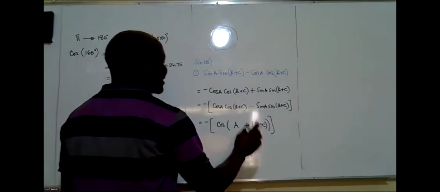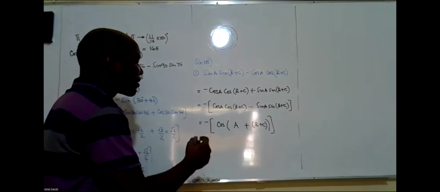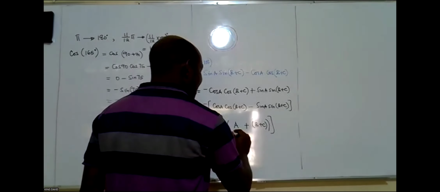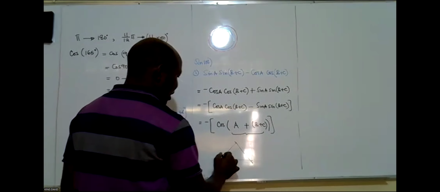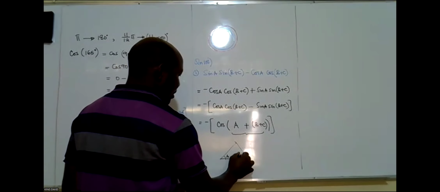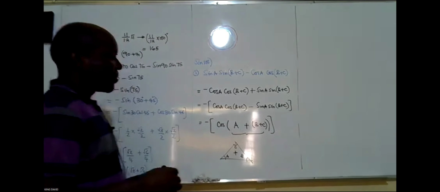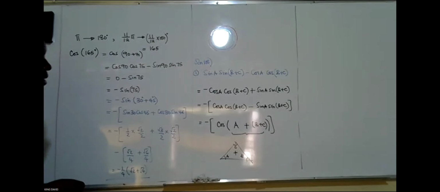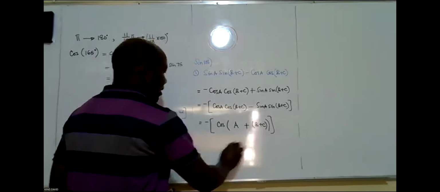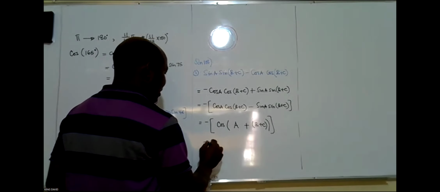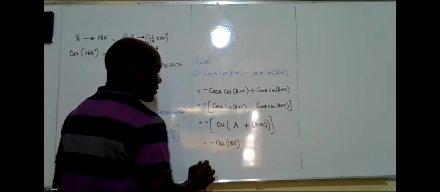Now, if A, B, and C are angles of a triangle, that should have been mentioned, then when you add them we should get 180. The angle sum of a triangle is 180. So this becomes negative cos of 180 degrees.